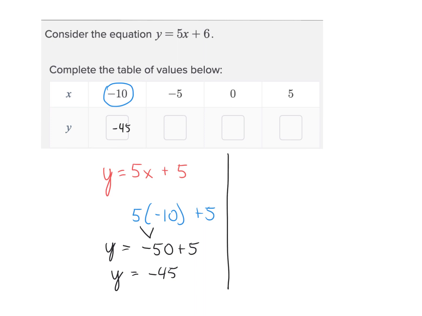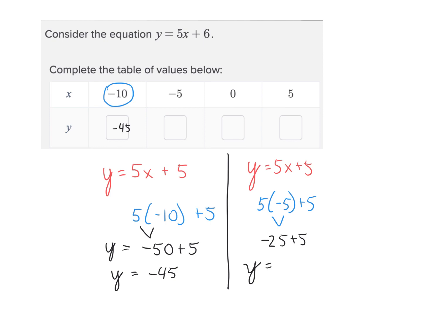So you would then go ahead and start again. Write down your equation just like we did in the last unit when we evaluated our expressions. Now we're evaluating an equation. They're going to tell us what the x equals. So now we put in 5 times negative 5, which gives me negative 25 plus 5.